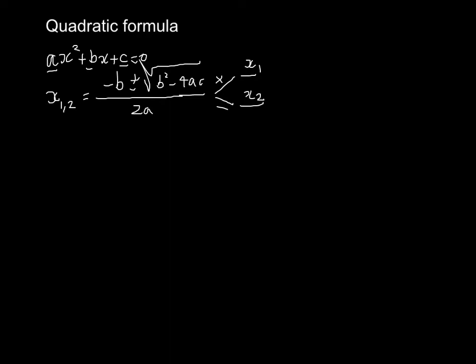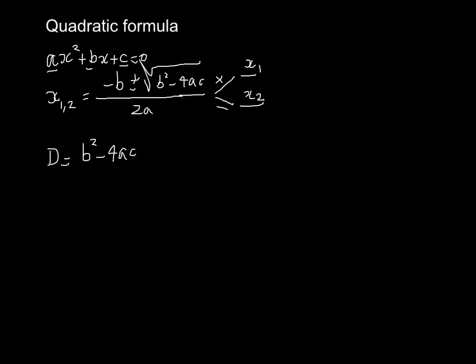Now, as you are aware, the square root of a negative number does not exist. So this means that if we assign d, or discriminant, so d is called the discriminant, to b squared minus 4ac, depending on the value of b squared minus 4ac, we can have three different scenarios.